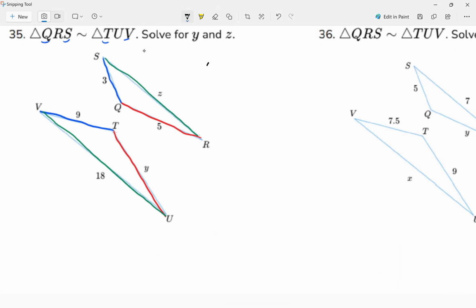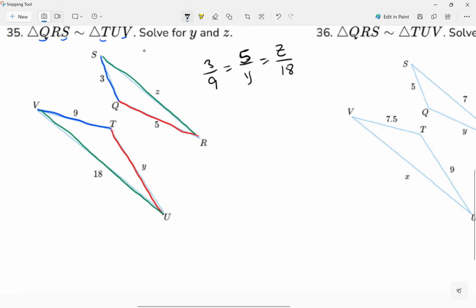I'm going to use my numbers 3, 5, and Z. Those three numbers come from the same triangle. I know 3 is corresponding with 9, 5 is corresponding with Y, and Z is corresponding with 18. Again, the three numbers from the top come from the same triangle, and the three numbers from the bottom come from the other triangle.